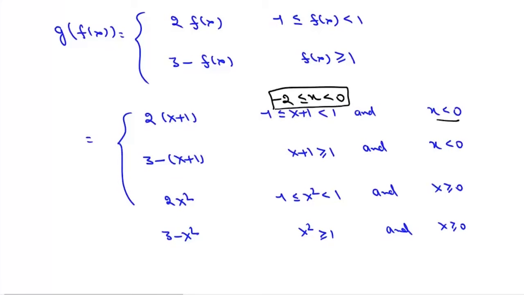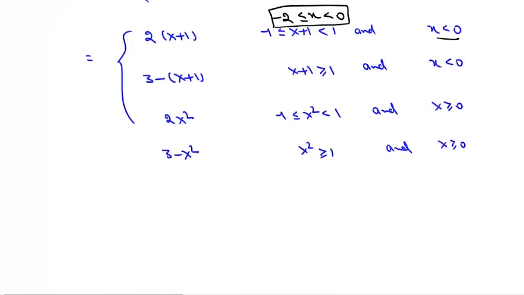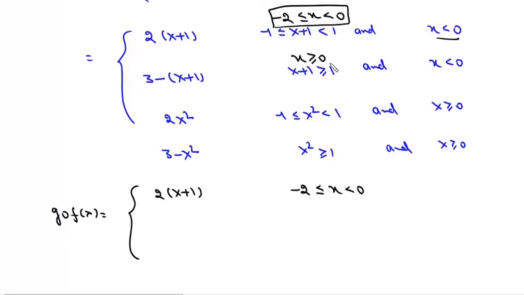So g of f(x) will be 2x plus 1 when x lies between minus 2 and 0. Now if you look at the second condition, here x is greater than or equal to 0, and here x is less than 0. There is nothing common between the two intervals, so this is not possible.